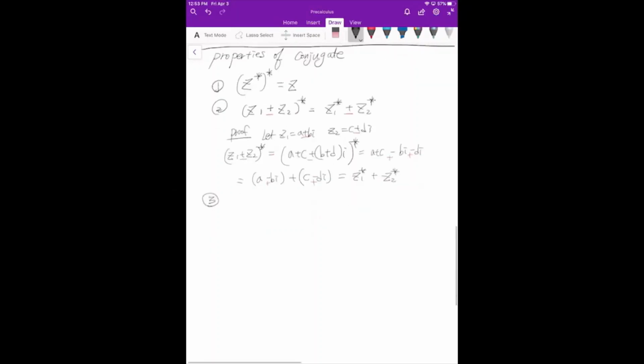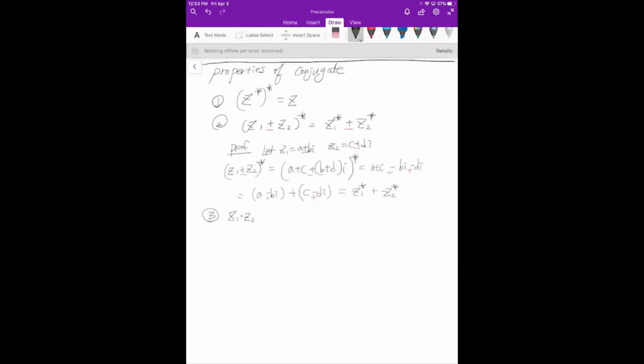Okay, so let's get smarter. One more. Now we're talking about the product of two complex numbers. I have z1 and z2 multiplied together, and then I conjugate them. It seems the result is the same as conjugating them first and then multiplying later. It's the same with division. If you take two numbers, divide, and then conjugate, the result is the same as conjugating first and then dividing the conjugate of the first by the conjugate of the second.